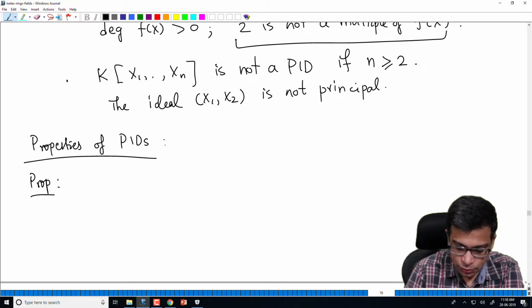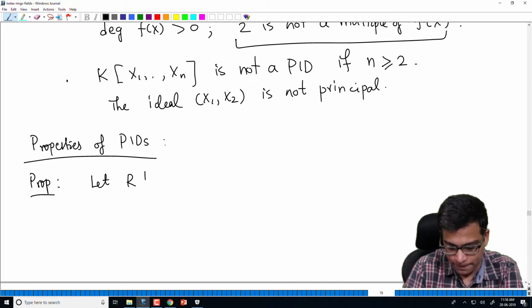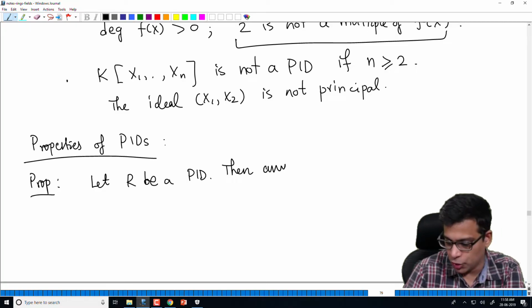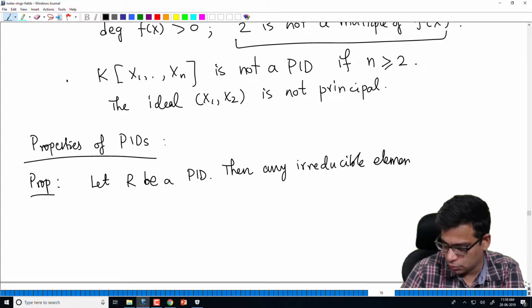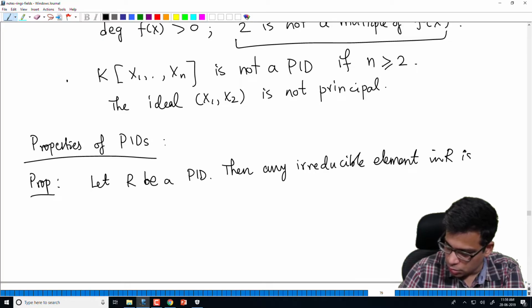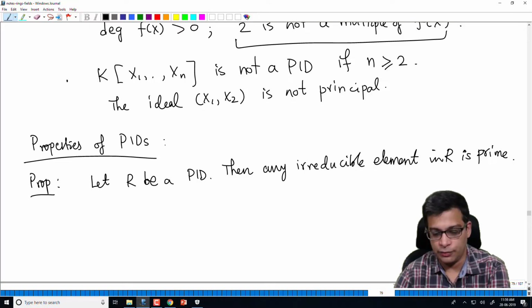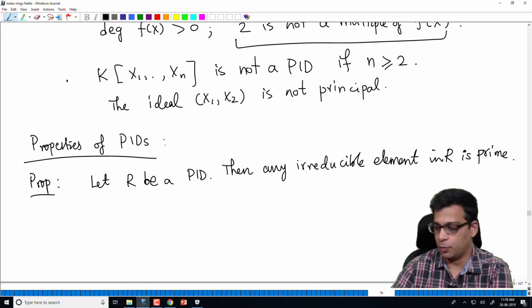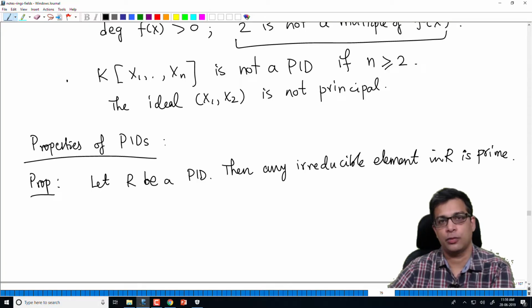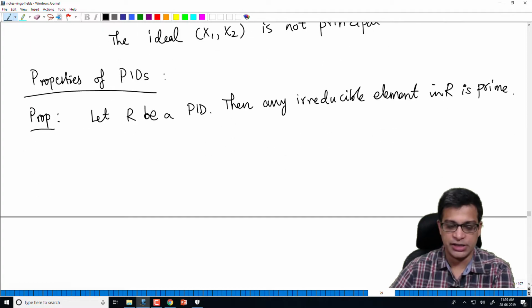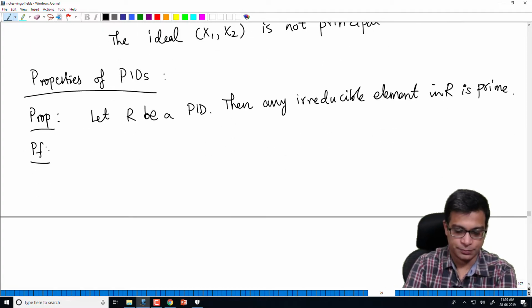Proposition: let R be a PID, then any irreducible element in R is prime. Remember that we saw in an example that in general, if you have an integral domain, irreducible elements may not be prime. Though prime elements are always irreducible, but irreducible elements are not necessarily prime in general. However, in a PID that happens to be the case.